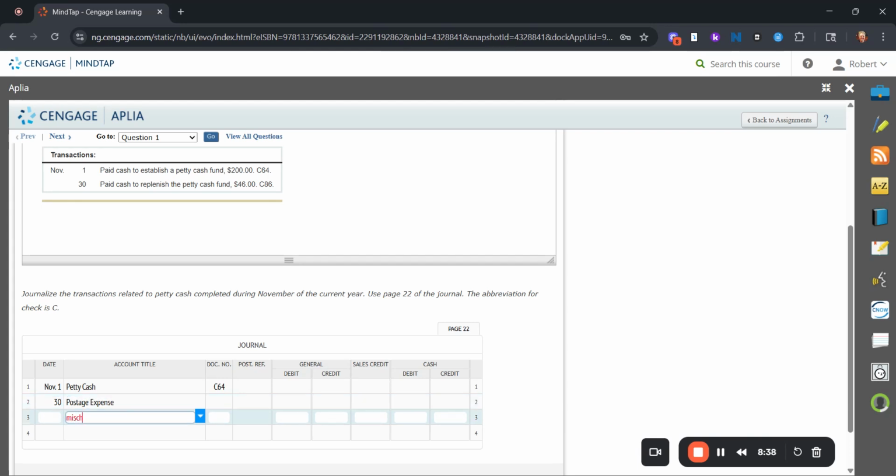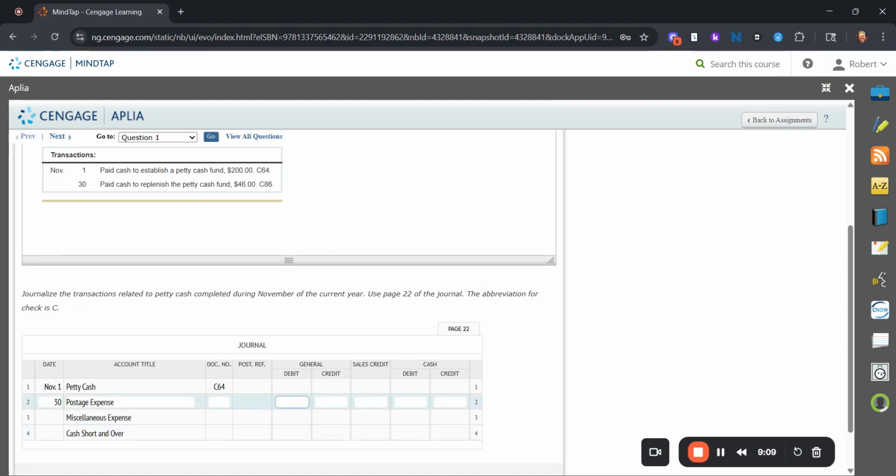Then we had a miscellaneous expense. And then we had that cash shortage, that's short or over. So we'll put in cash short and over.